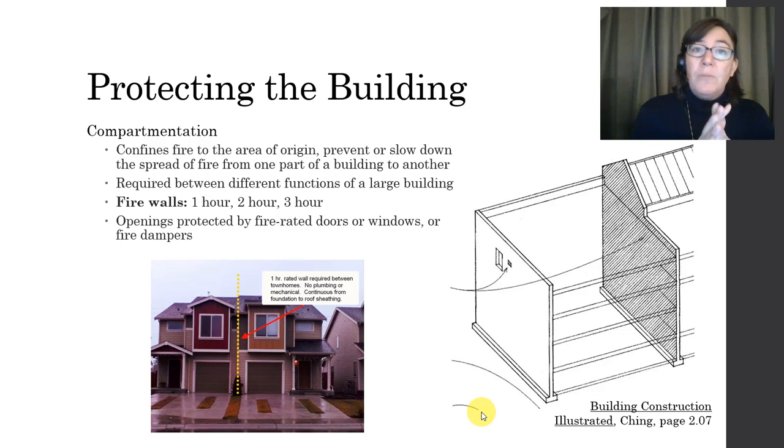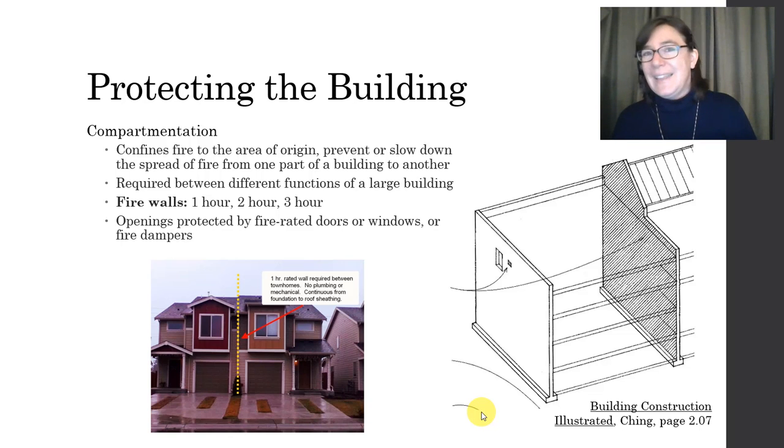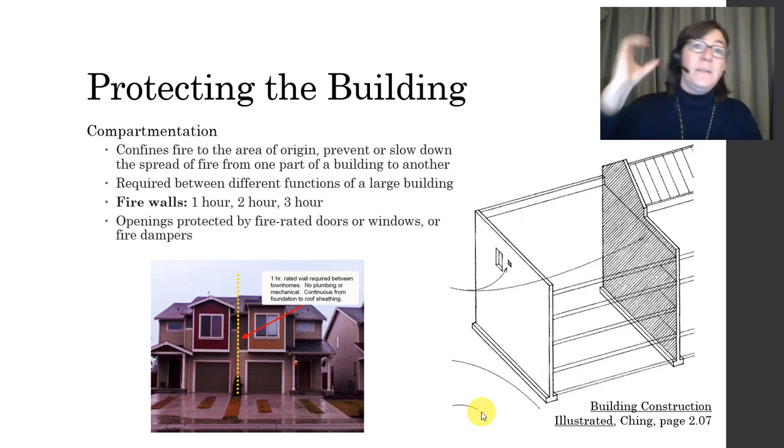Within these fire rated or fire protective walls, any openings that you have to have, because sometimes we want openings, need to be protected with fire rated doors or windows, or in the case of ductwork, fire dampers.